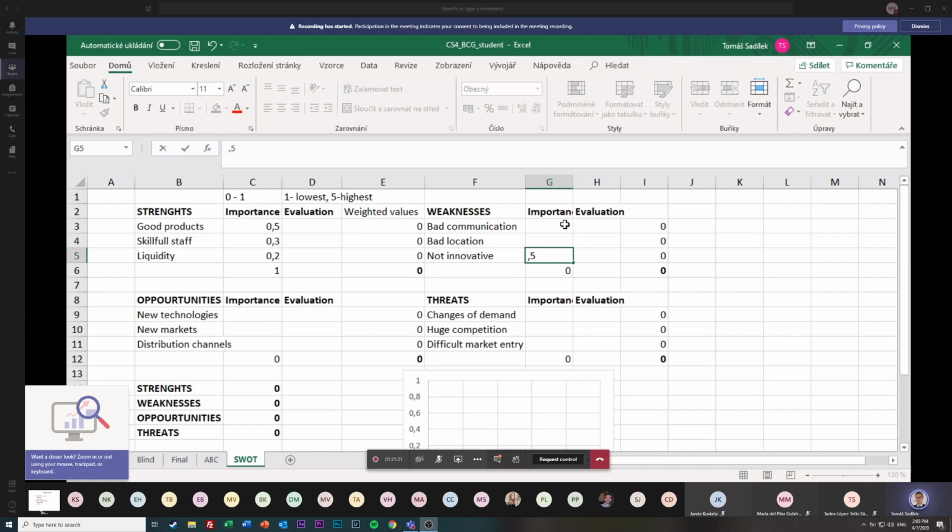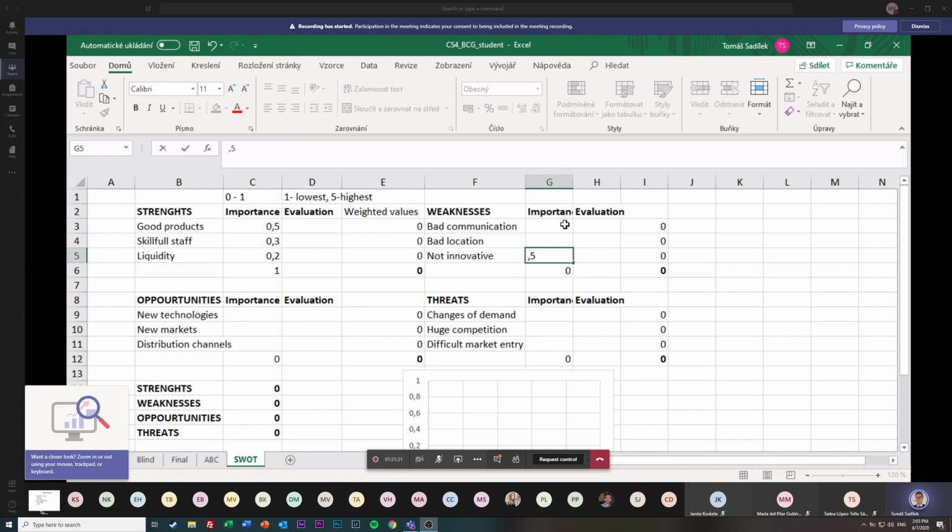Two more comments, two important comments. Once more, I mentioned that the inputs for the internal strengths and weaknesses are the results from previous internal analysis, like the ABC analysis, the Ishikawa diagrams and others. For the opportunities and threats, the input is the external analysis.